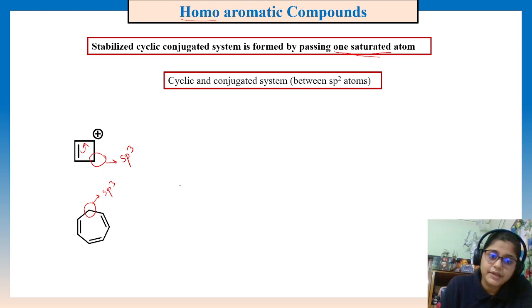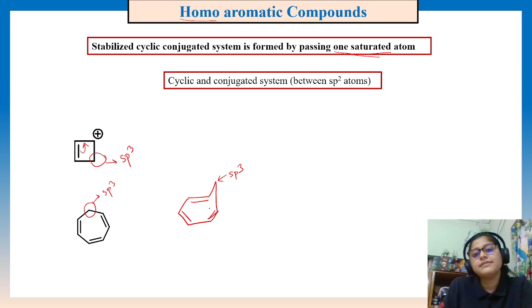So what will happen here? The scientists are saying that it will be stabilized this way only. The sp3 carbon goes out of plane, upside, and the other part remains in planar form.